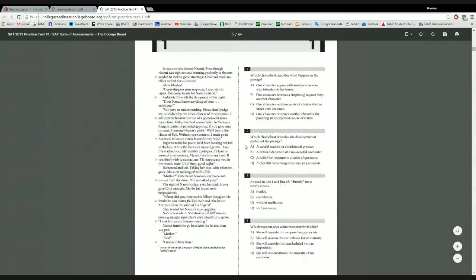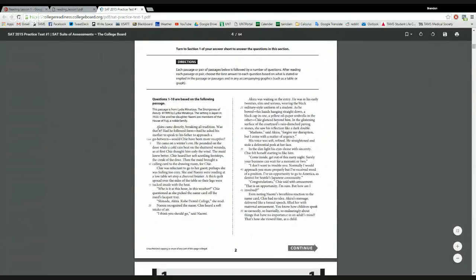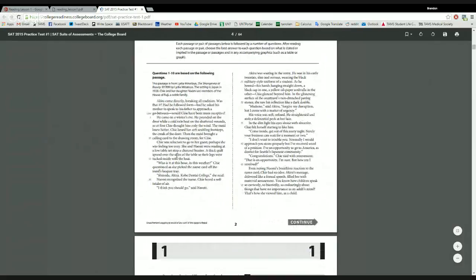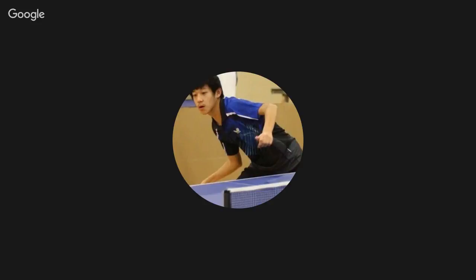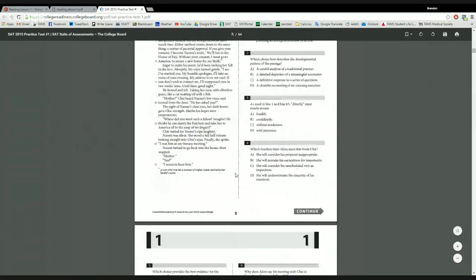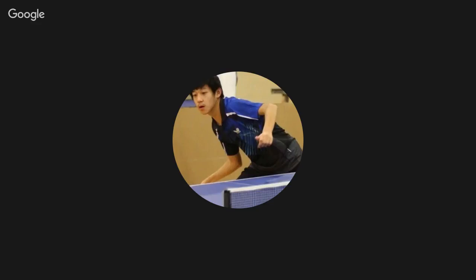So you would go to line 1 and 65, plot those questions, and it specifies the word directly, so you would circle that. Then you go to line 60, it asks for this directly again, so circle that. And you do this for each question that has a line specified in the question.